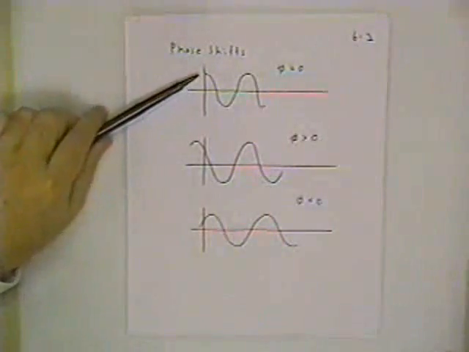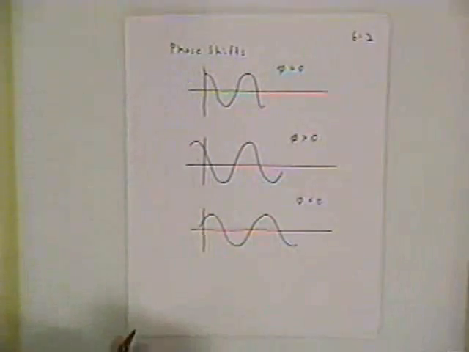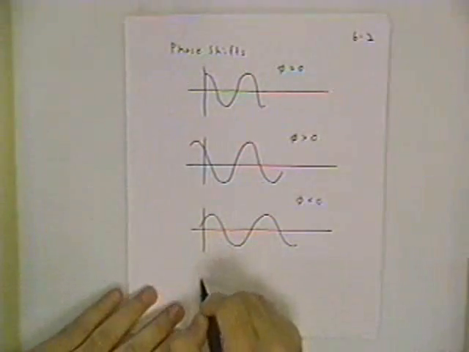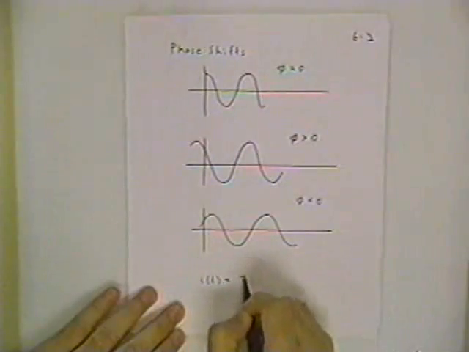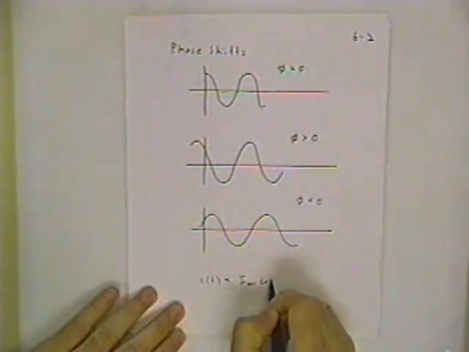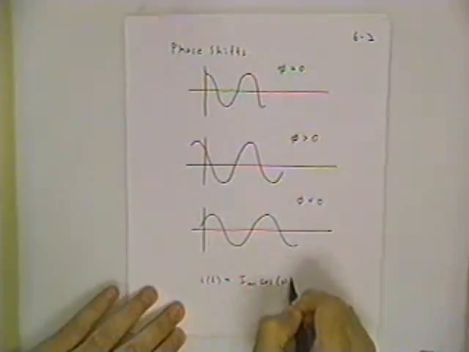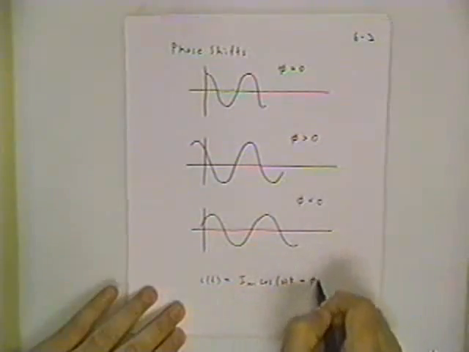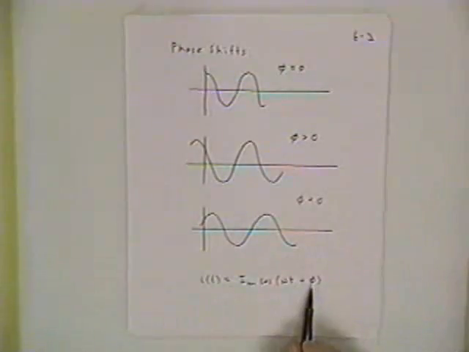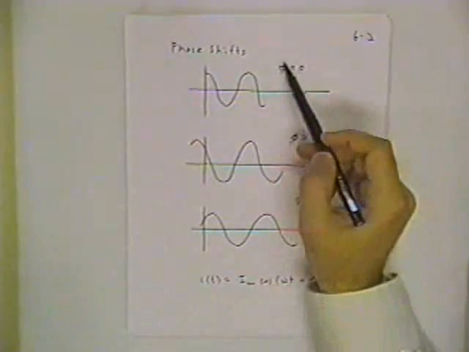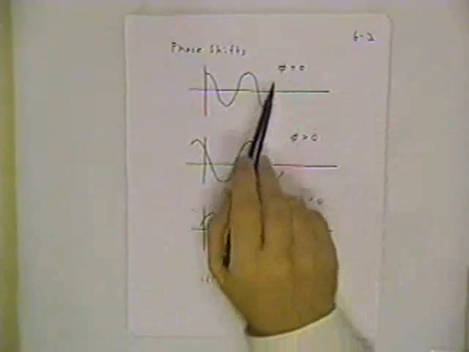Here we have a phase shift of 0, and in each of these you can imagine we're looking at something like I of t equals I magnitude cosine omega t plus phi, where little phi is the phase angle symbol. It's not to be confused with capital Phi, which we used for magnetic flux. Lowercase phi, you don't put the serifs on the top and the bottom.